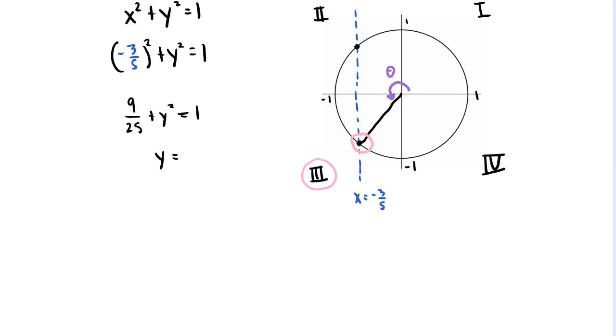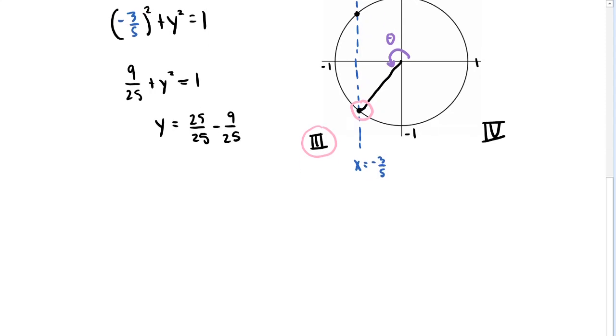And then here you can kind of think of 1 as 25 over 25. Right, 25 divided by 25 is 1. Anything divided by itself is 1. Subtracting 9 over 25 from both sides gives me y squared is equal to 16 over 25.